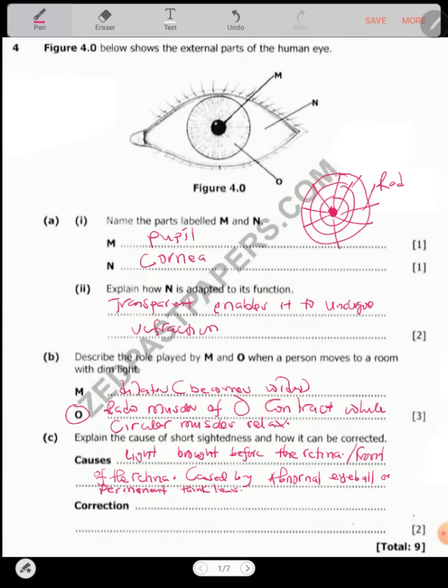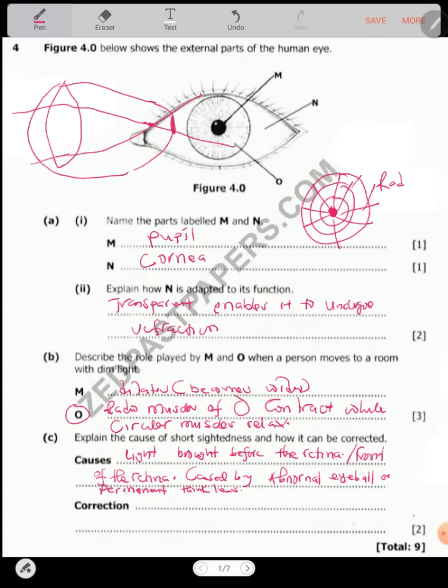When the lens is too thick, we know that the lens uses a convex lens like this. So let me just do this. So as light is coming, pardon me, the drawings, it bends at some point like that. So the retina is here.